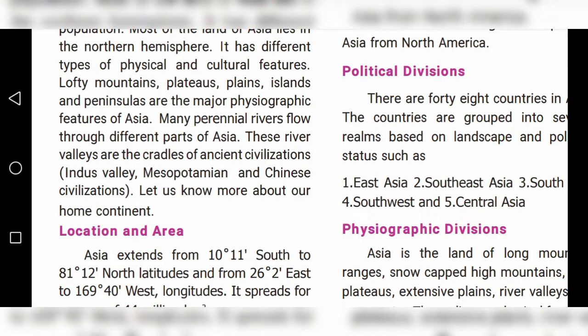Three civilizations started in these places: Indus Valley, Mesopotamian, and Chinese civilizations. What are the three civilizations, children? Indus Valley, Mesopotamian civilization, and Chinese civilization.